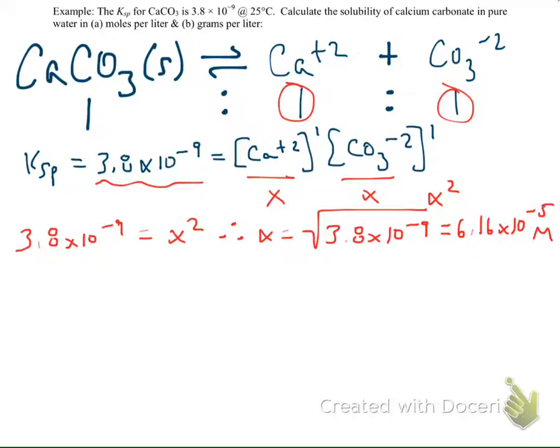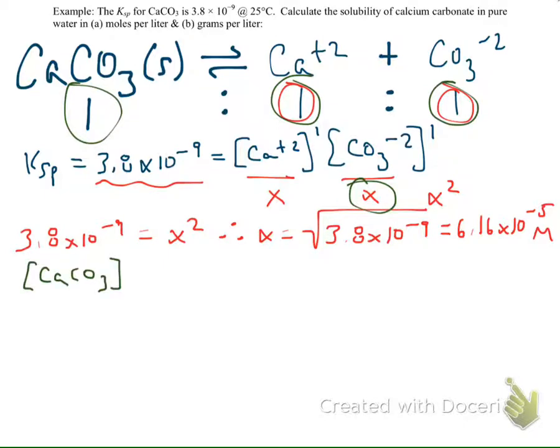If we want to plug that back in, knowing that each of our values for x is a 1-to-1-to-1 ratio, we can say that the solubility of calcium carbonate is x, which is that value. And this is moles per liter, or molarity.